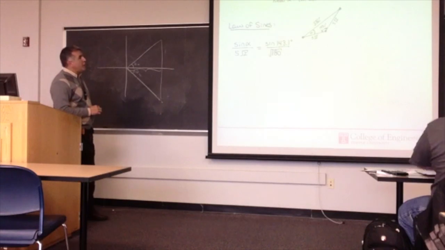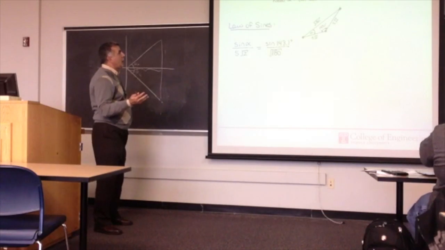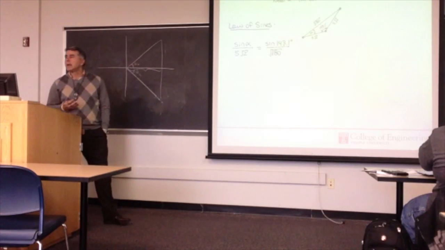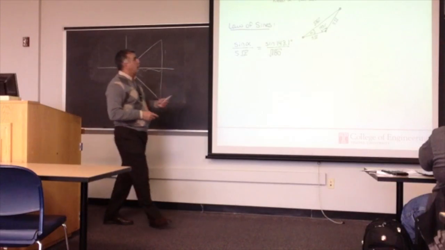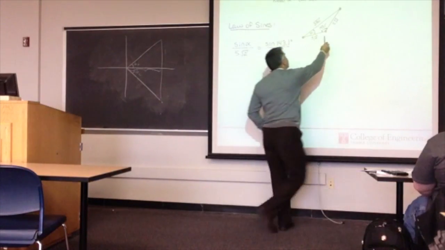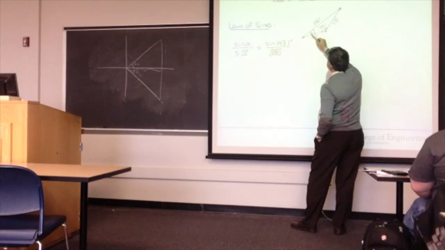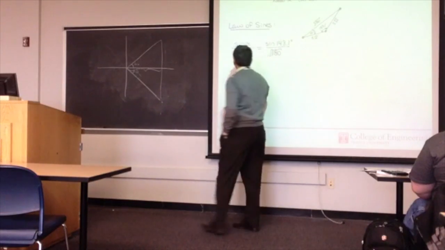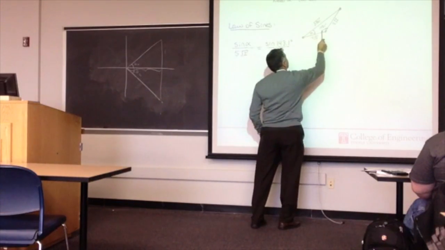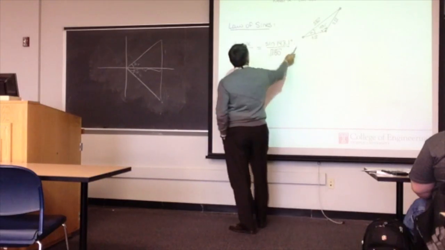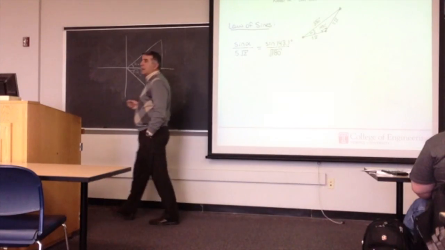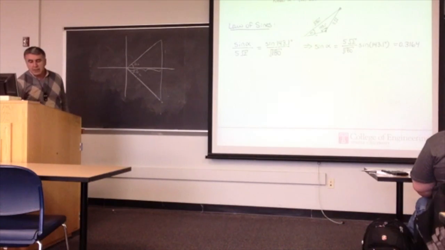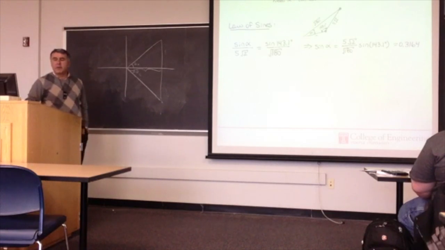Now, another way is to use the law of sines. What is the law of sines? It's the sine of this angle over the side opposite to it, equal to the sine of this angle over the side in front of it. In this case, it will give us sine of alpha as 0.3164.